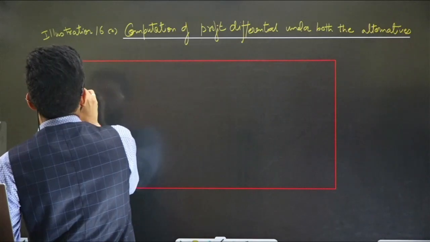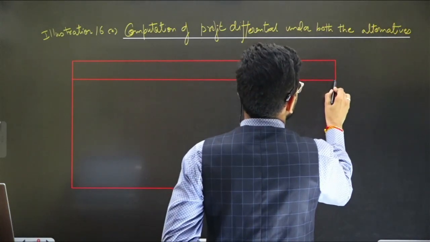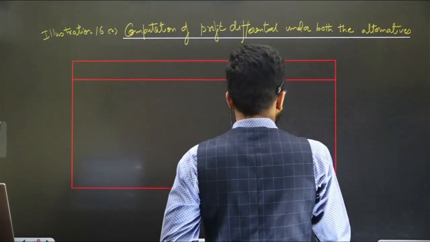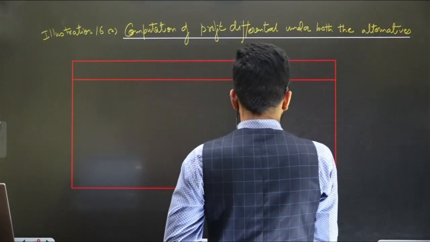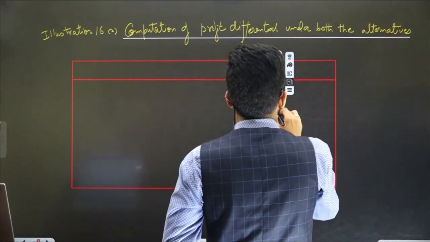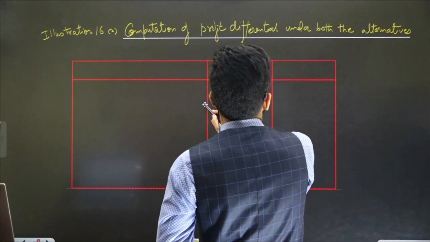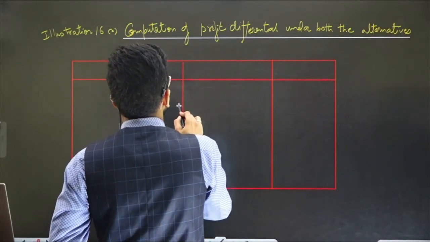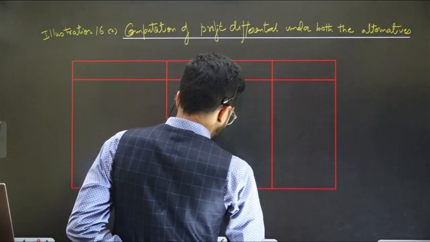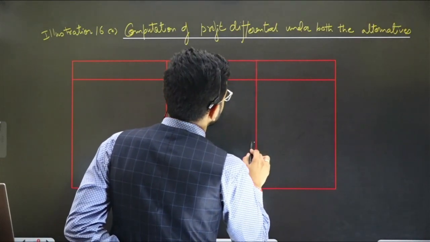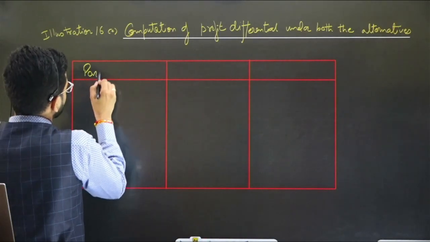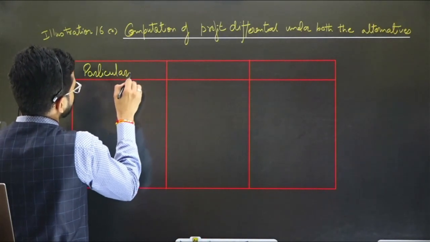Yes, sir. So this will be the row for the headings. Then we'll have the two market segments, market 1 and market 2. Okay, so these are the particulars.